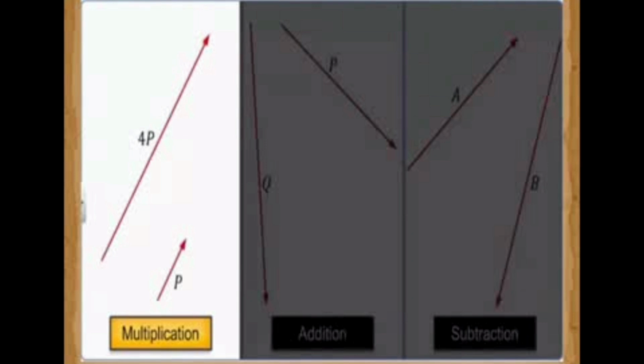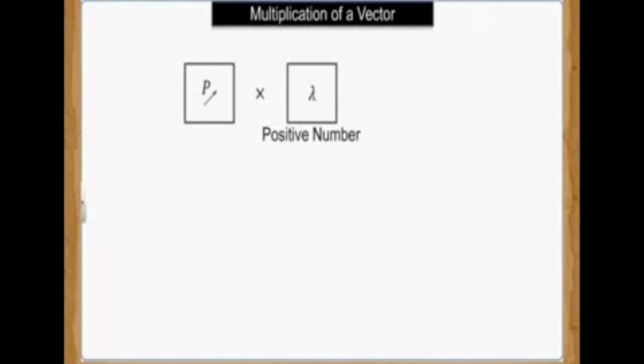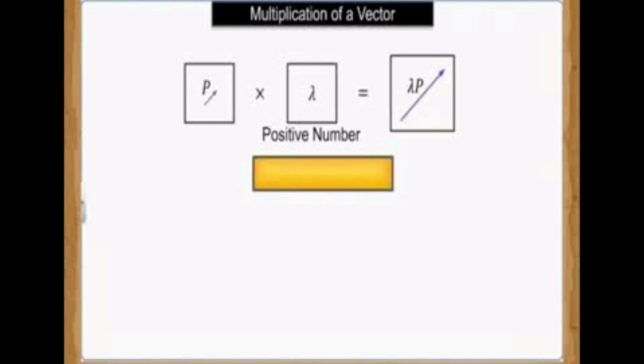In multiplication of a vector, a vector has magnitude and direction. The first one is the direction multiplied by lambda, and lambda is the magnitude. When you multiply, you get the same direction and magnitude, so that is a vector quantity. When you multiply a scalar into a vector, you get the vector quantity lambda p, and it has the same direction if lambda is a positive number.